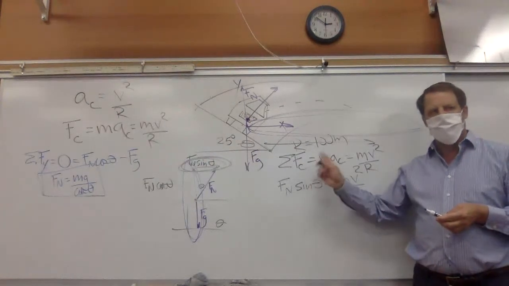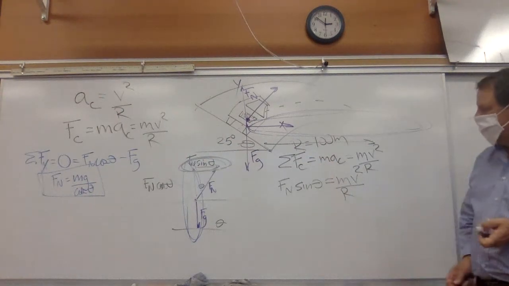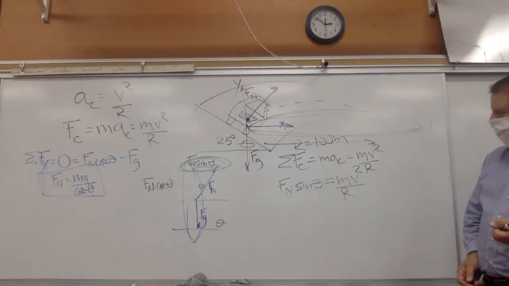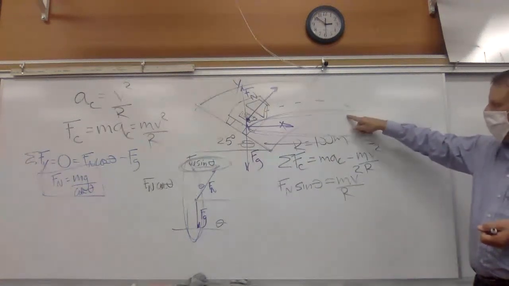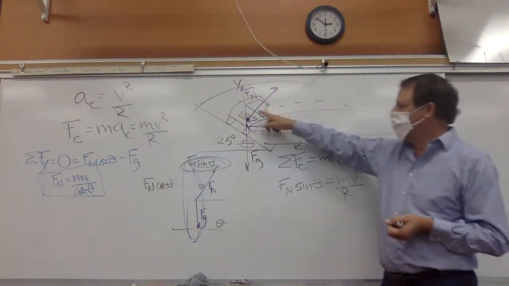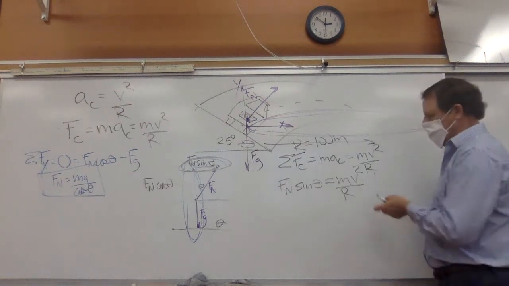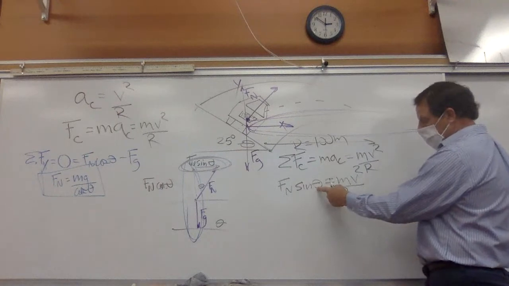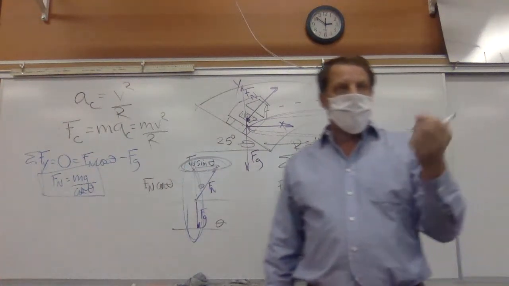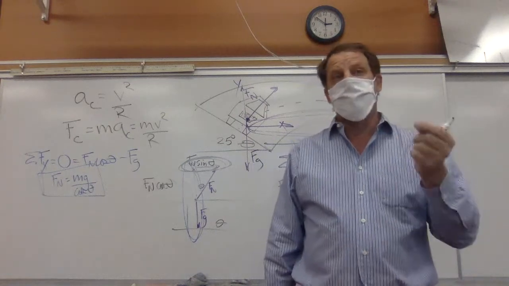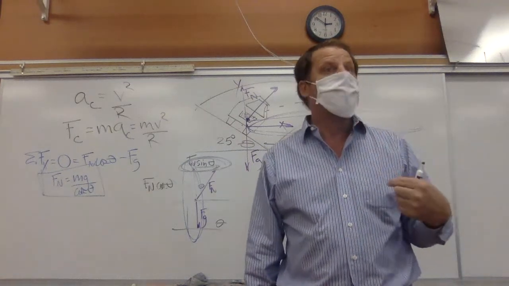We'll plug in our numbers here in a second, but we know our radius, we don't know our mass, we know our angle, we don't know our velocity. Now, you might not remember because I didn't write it up there, but my original question is how fast can we go around this curve?